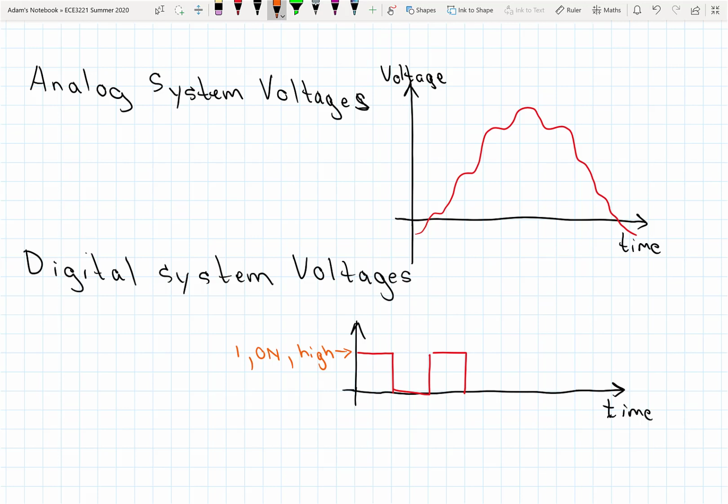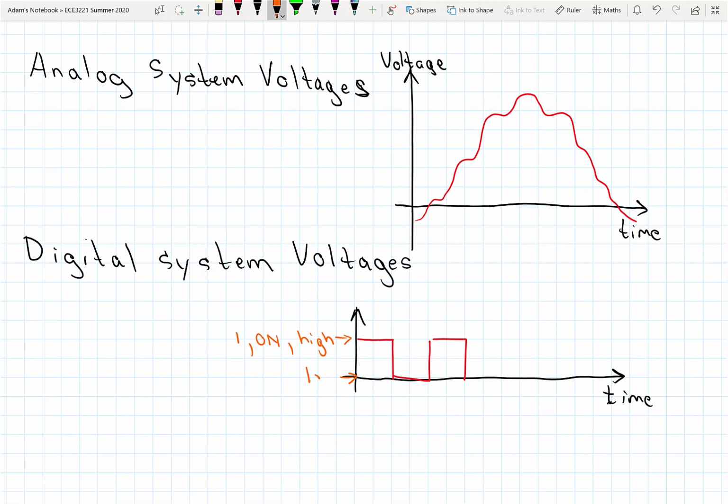Whereas down here, when the voltage level is low, we might refer to it as an off state, or again more commonly in the digital realm we simply refer to that as a logic level 0.